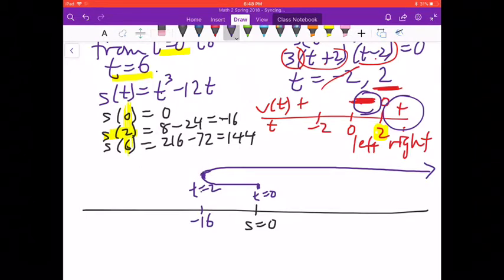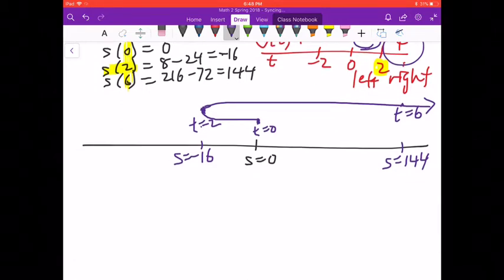But what we want to do, and this is not drawn to scale, let me put an s equals negative 16 down here. What we have over here on the far right, if we were to pick a spot and talk about that t is equal to 6 right there, we can mark the position. That would be s equals 144. All right, so now we have all the values we need.